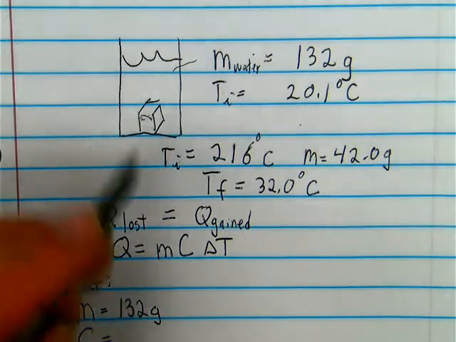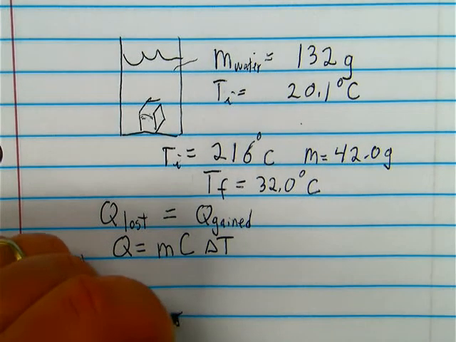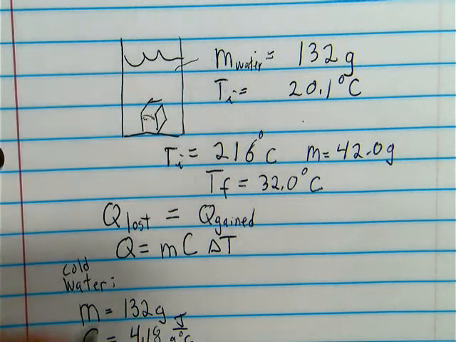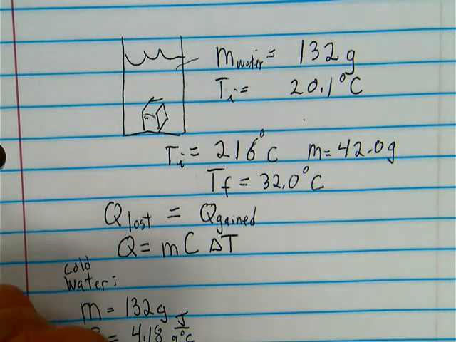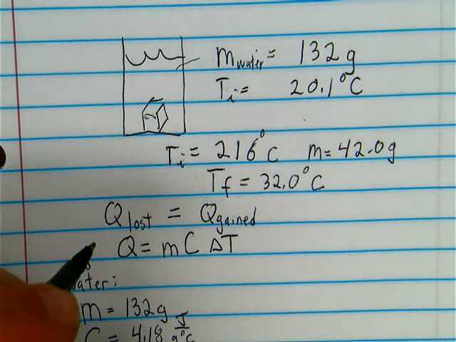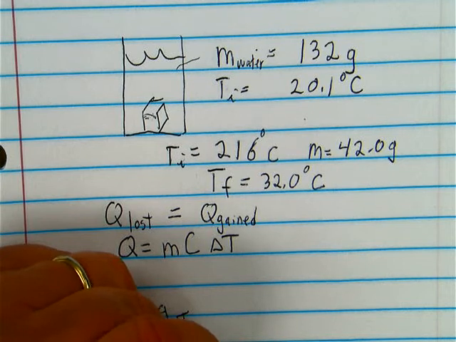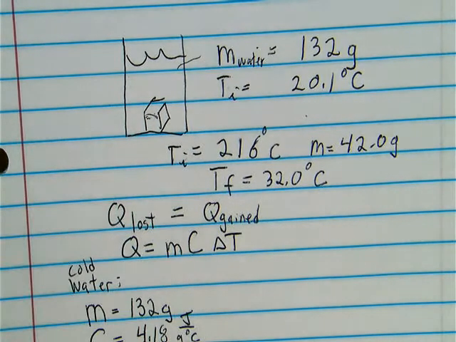So now we know we need to express that as 4.18 joules per gram per degree C. The change in temperature for the water is 32 degrees C, the final temperature, minus 20.1 degrees C, the initial temperature. And I'm too lazy to even do that one in my head.